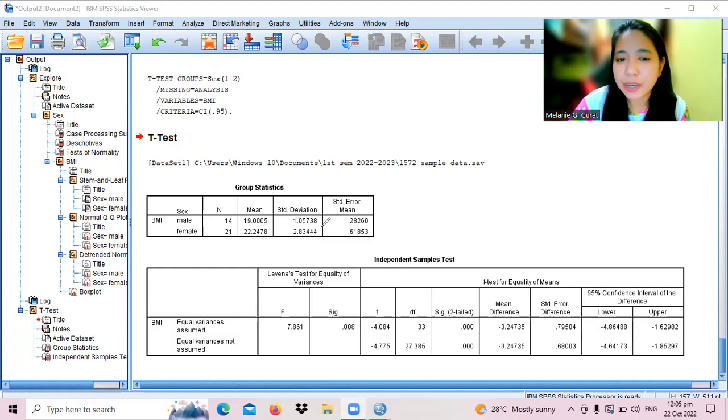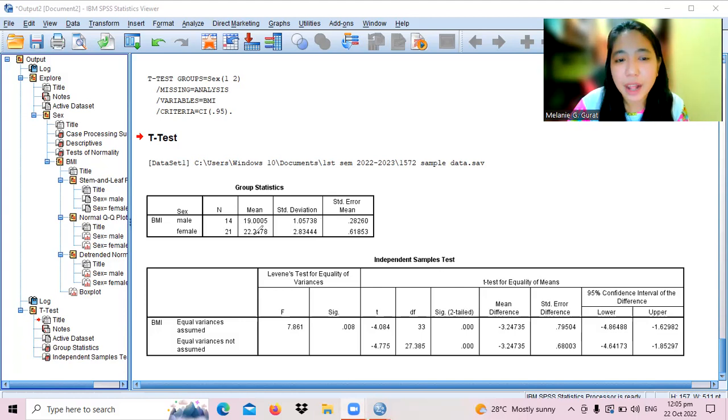Looking at the standard deviation, we can see that we have different standard deviations, but we cannot conclude that since they are different, it already means that they don't have equal variances, or that we have to use the equal variances not assumed result.